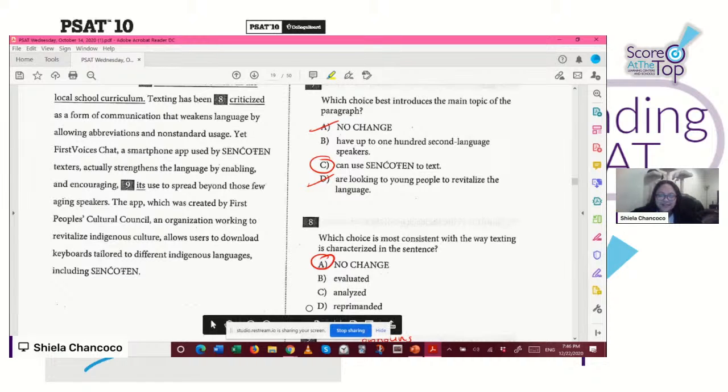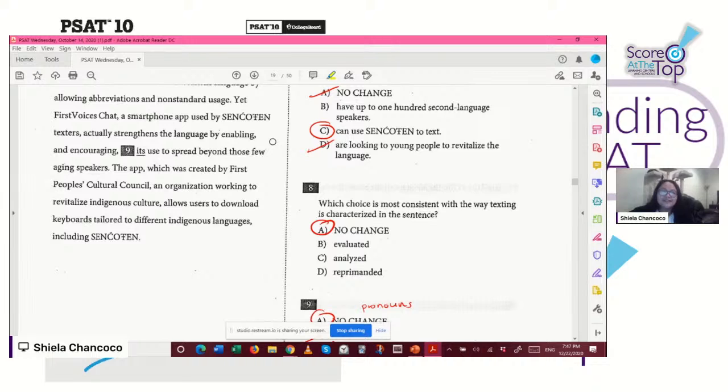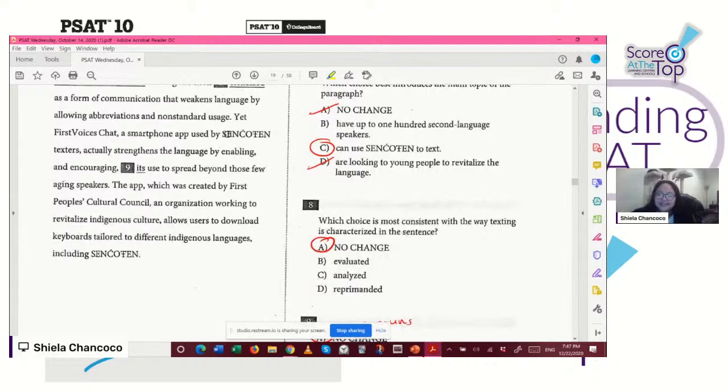But reprimanded means you did something wrong and you're getting punished for it, right? But that's not really what they're saying. They're just against it. So they're criticizing it by saying that it weakens language because it doesn't use normal text. To be honest, I always write out my text except for certain ones that a lot of people use, right? That's basically why they criticize texting.